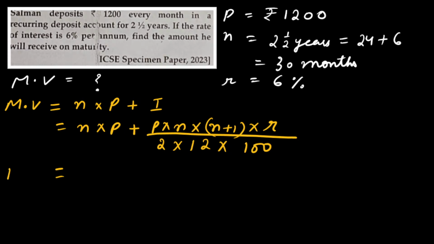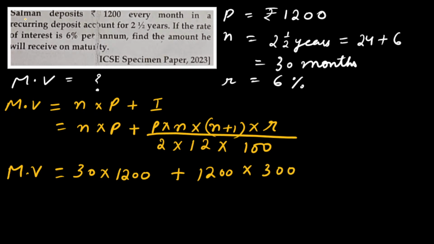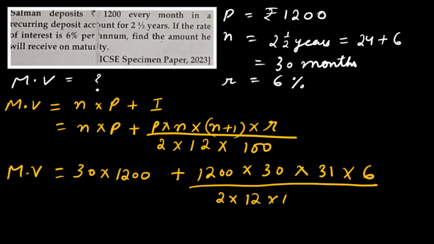So let's substitute the values now. N's value is 30. P is 1,200. So 1,200 into 30, plus, into N plus 1, 30 plus 1 is 31. R is 6%. So 2 into 12 into 100.